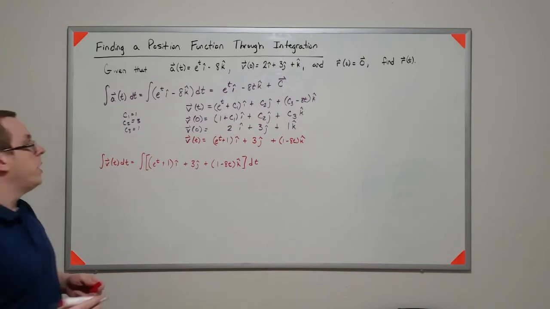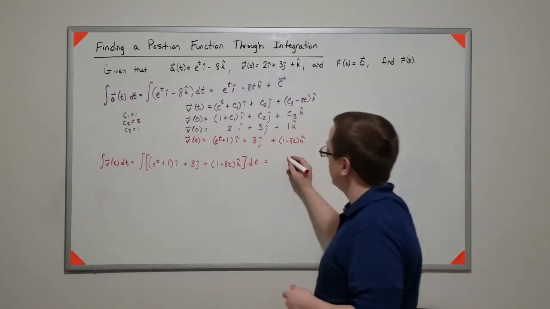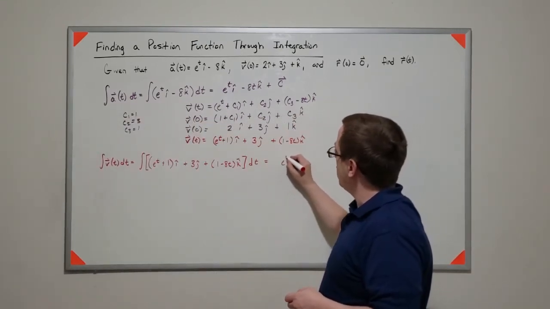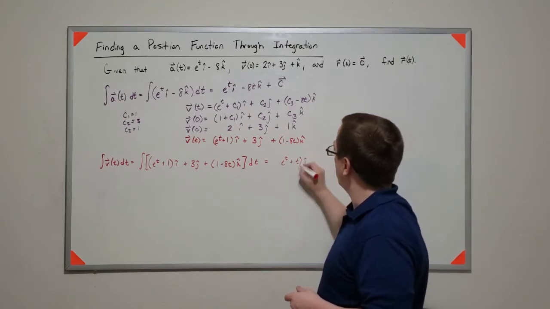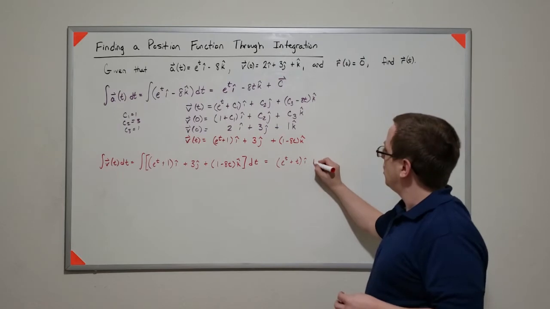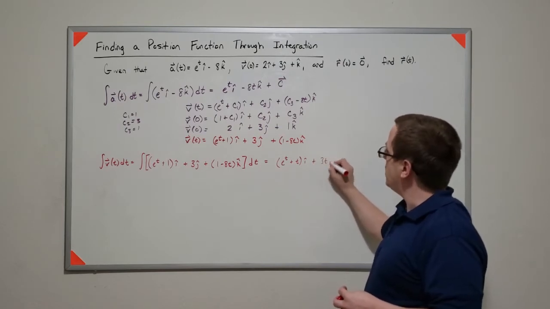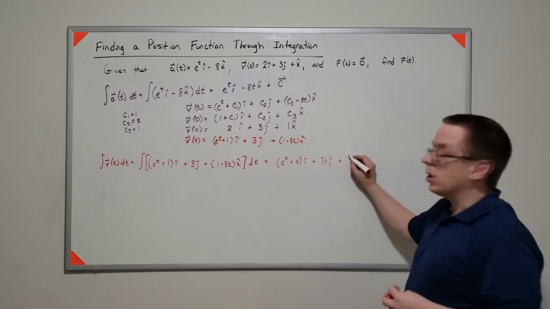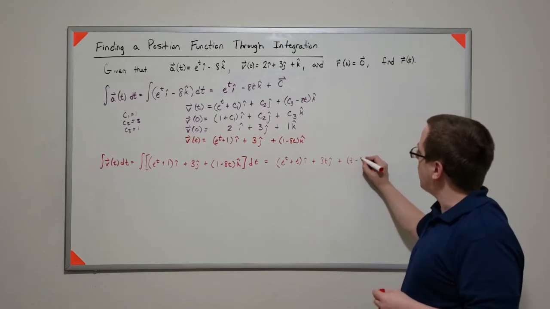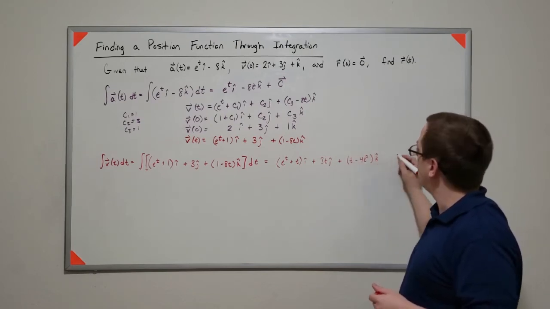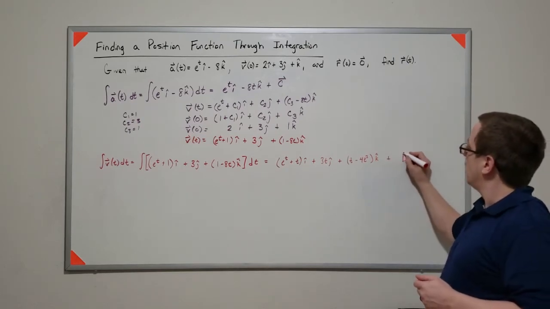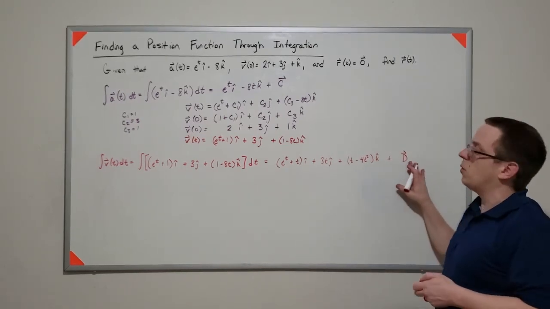And so when we do that, we're going to get (e^t + t) i plus 3t j plus (t minus 4t^2) k. And we have some sort of constant, I'm going to call it d here.